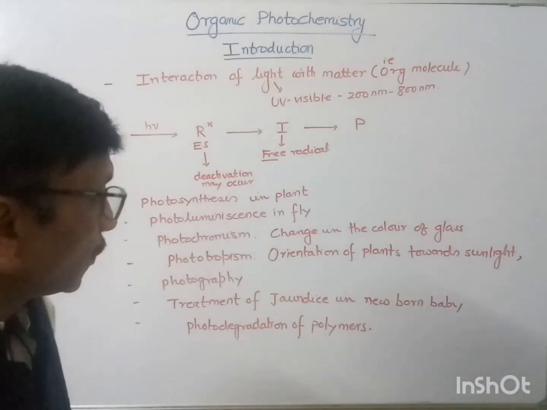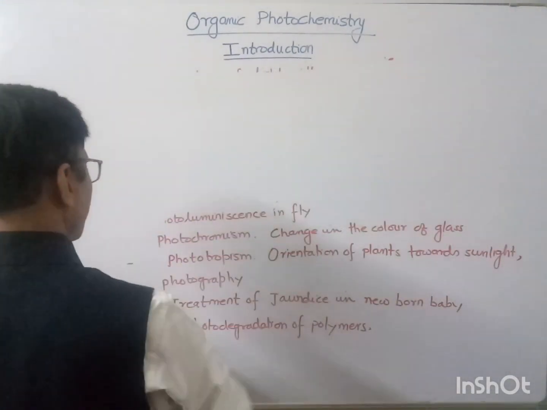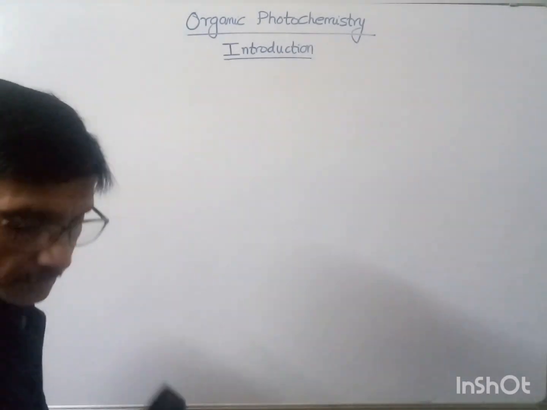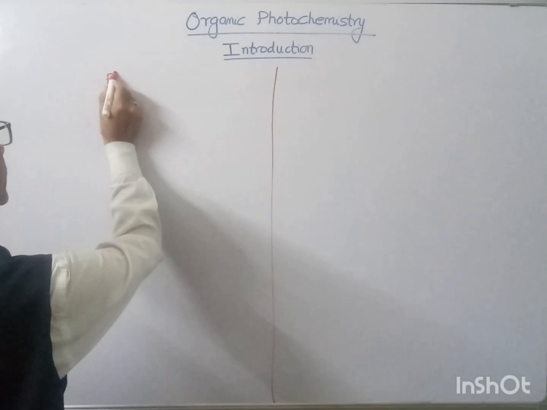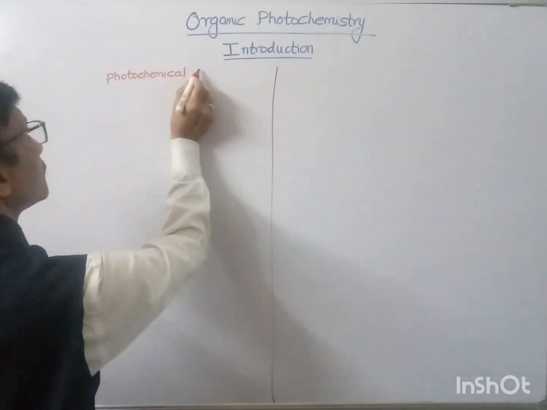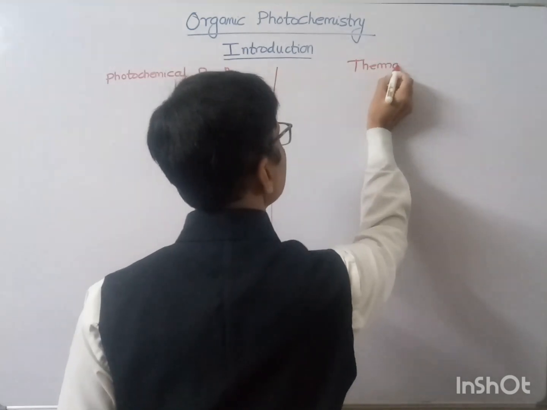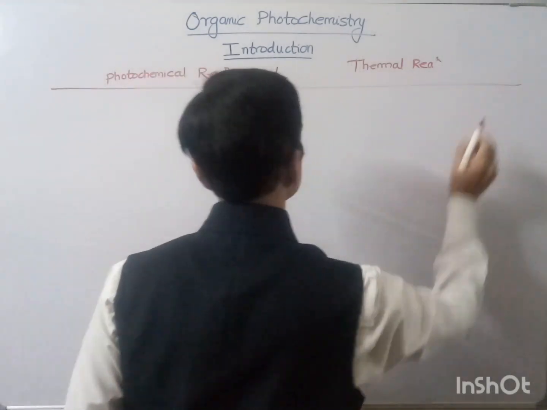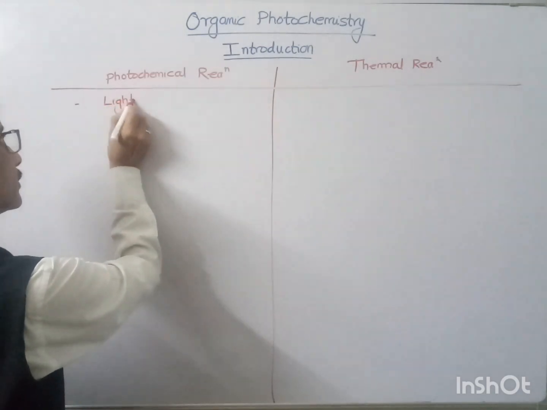Now, what is the difference between a photochemical reaction and a thermal reaction? What are the main differences? In a photochemical reaction, light is used, and here heat is used.